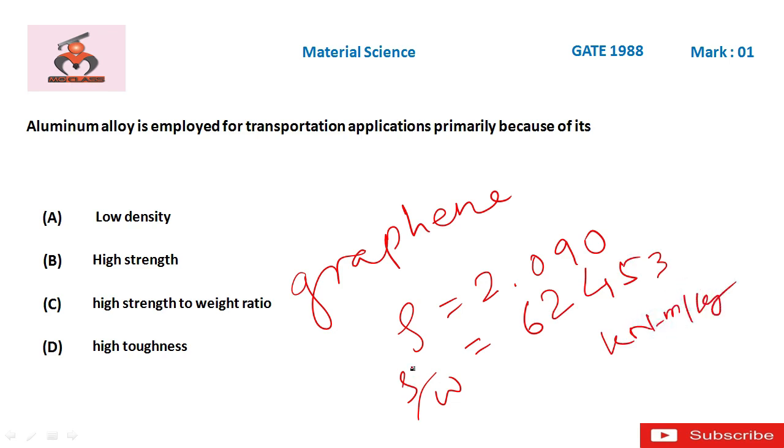So you can see this number is around 300 times more than aluminum. So it may be the future material for transportation applications.